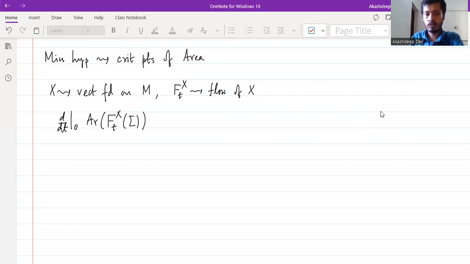And this is equal to minus integral over sigma inner product H_sigma comma X. So H_sigma is the mean curvature vector of sigma.